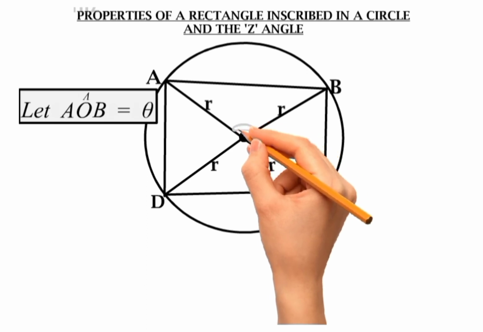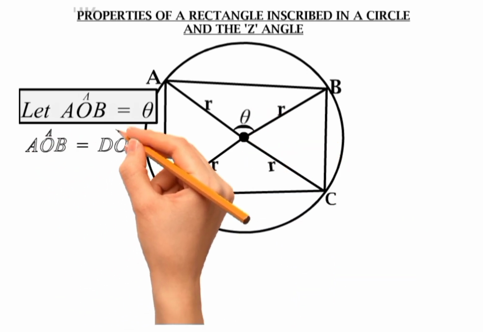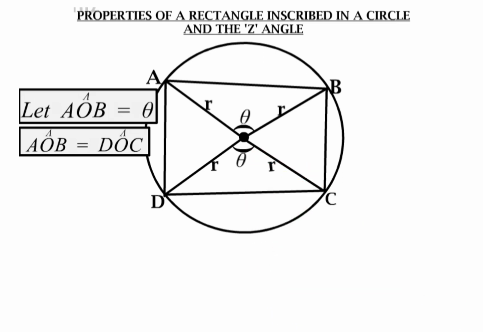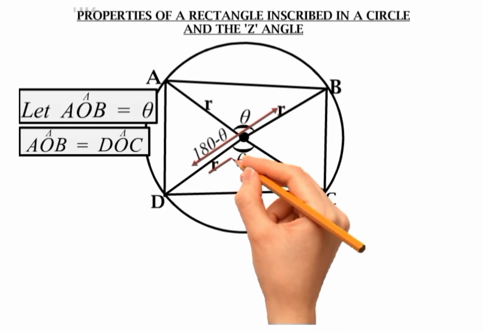Since opposite angles are equal, we see that angle DOC is also equal to theta. Since triangles AOB and DOC have most of their properties alike, we can conclude that they are similar triangles and they are equal. Angles AOD and BOC also follow. Each is equal to 180 minus theta.